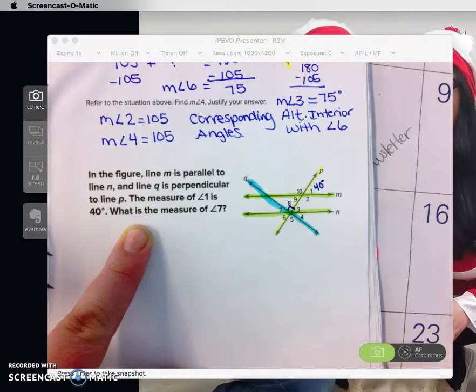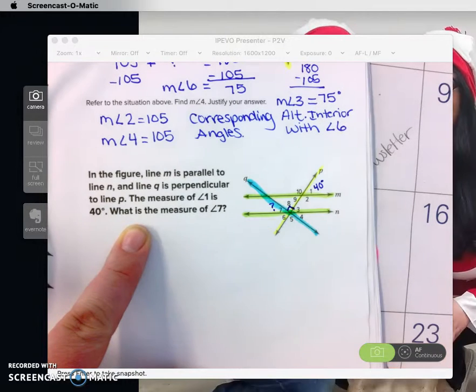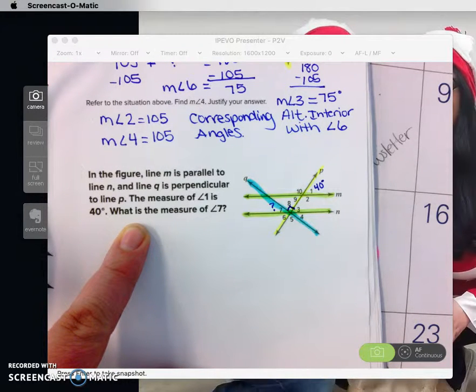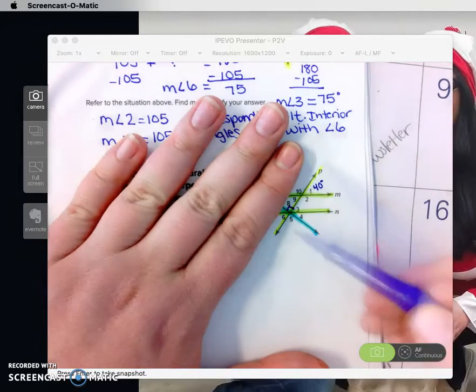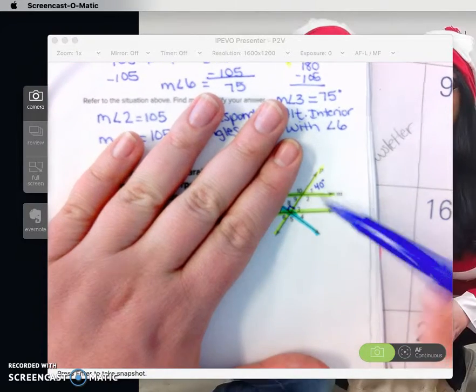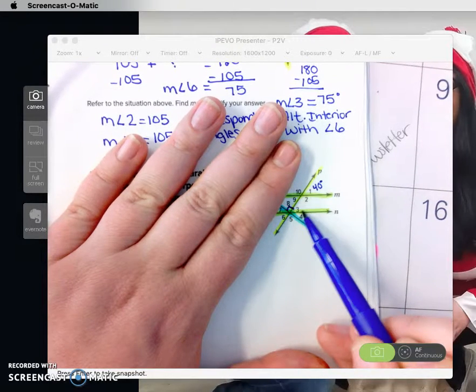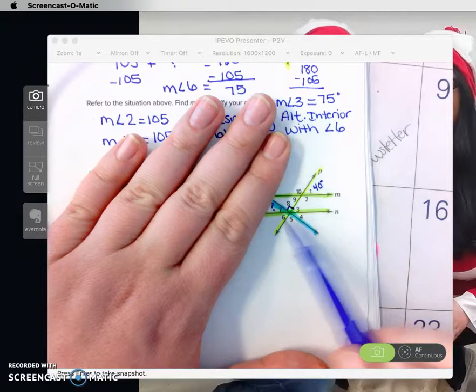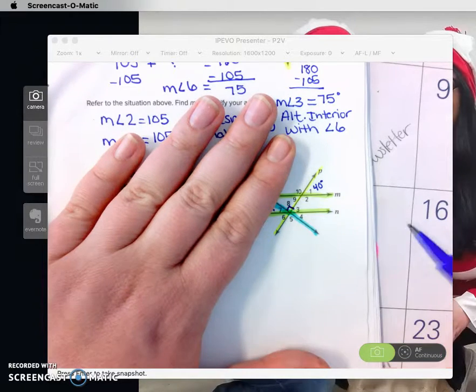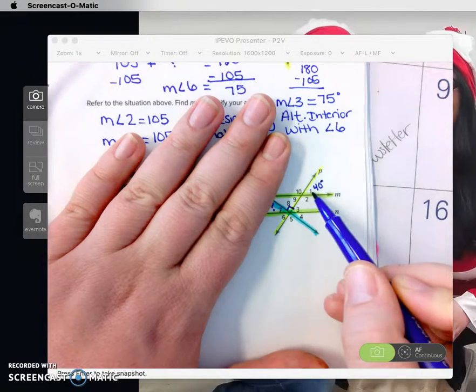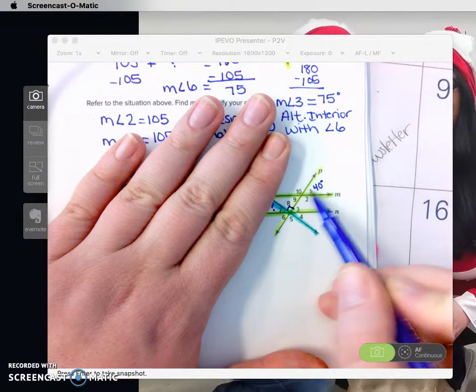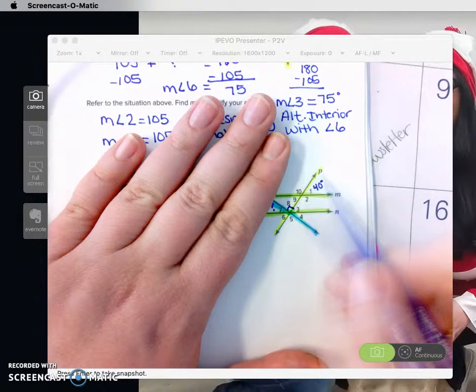So what is the measure of angle 7? So I'm looking for that one right here. Well, the first thing I want to look for is, I want to look not at my blue, but at my yellow and my green. So what do I know about my other angles here? Well, I know that these two would be vertical across, right?